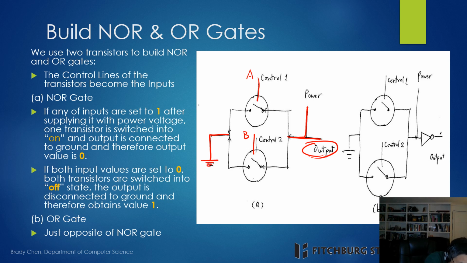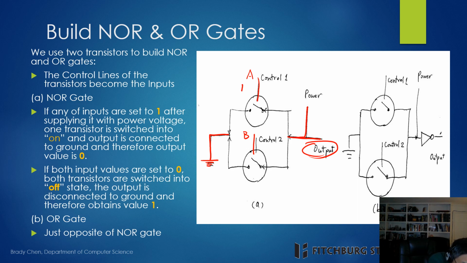Now you can see how this is supposed to work. Remember, if we set the control line to 1, for example, we set control 1 to value 1, then this sets transistor 1 to switch on.